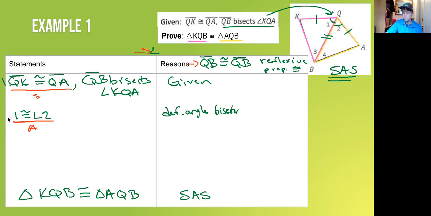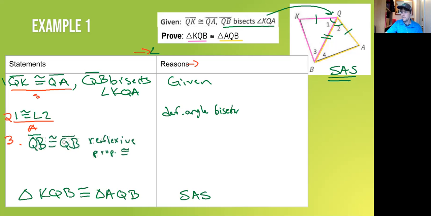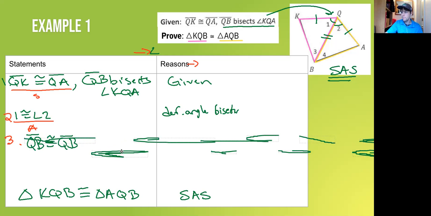And that was step 2. The order here doesn't really matter. I could have done this step 2 or the next thing I'm going to do next. That actually doesn't matter too much. Last thing, I need to talk about this shared side. I need to talk about my third piece. So QB being congruent to itself by the reflexive property.